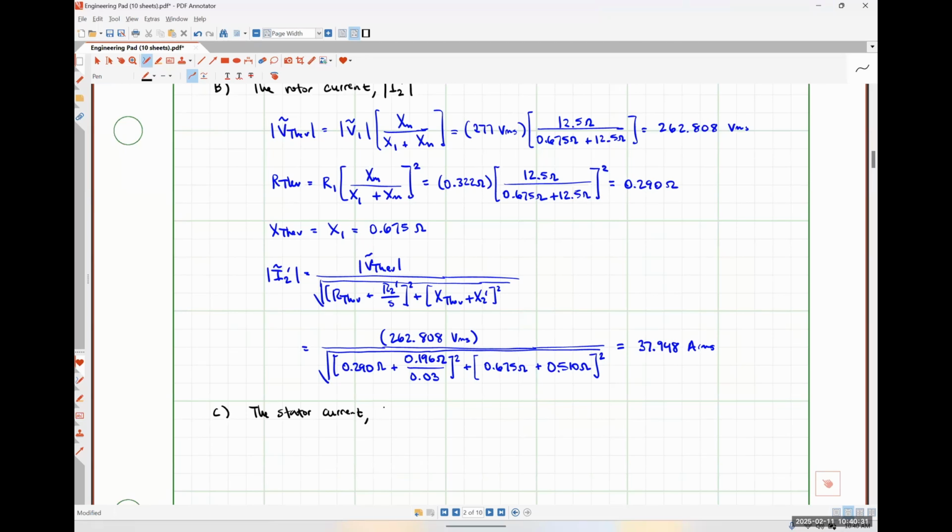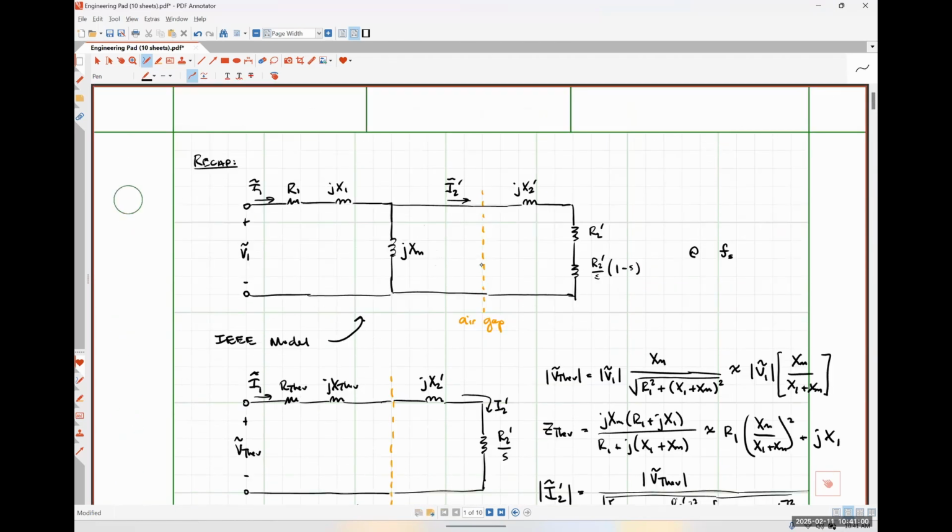So our stator current is going to be I1. And once again, let's just really concern ourselves with our magnitude. So I want to scroll up and look at our equivalent circuit models that we have here, okay?